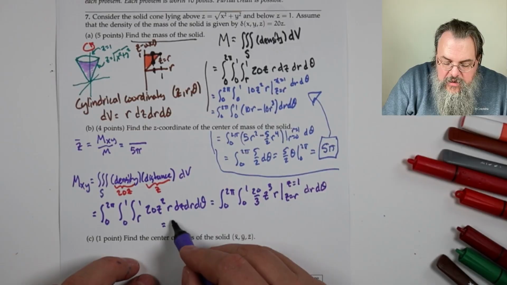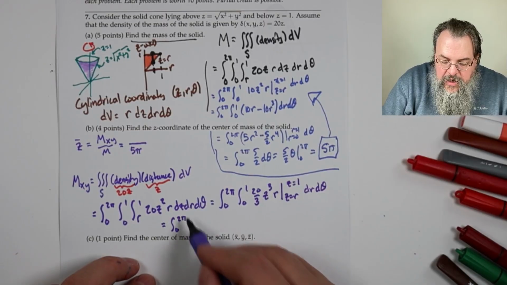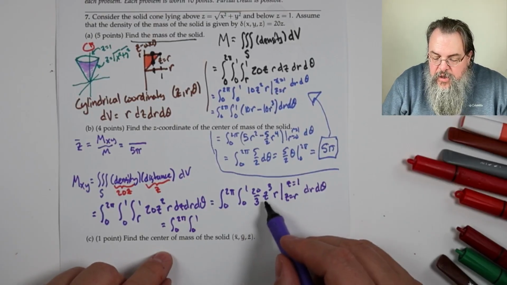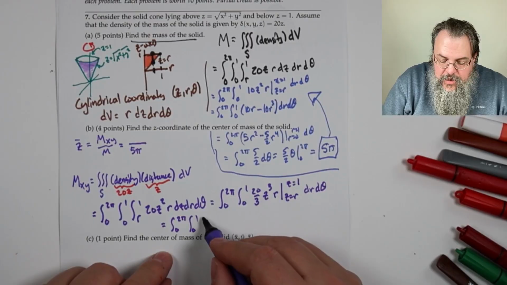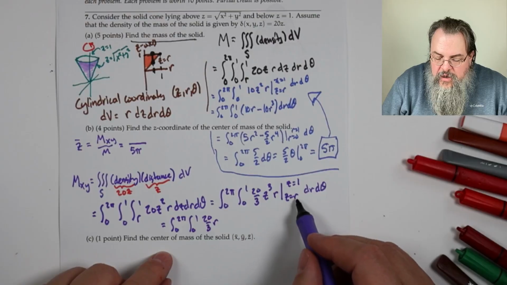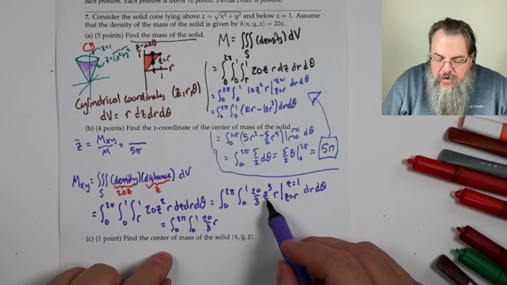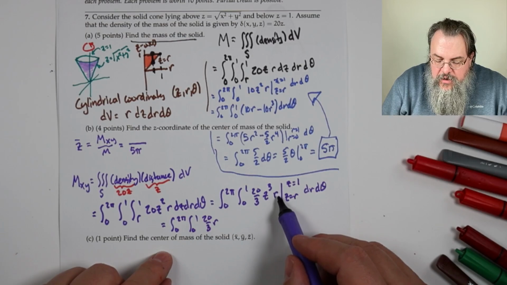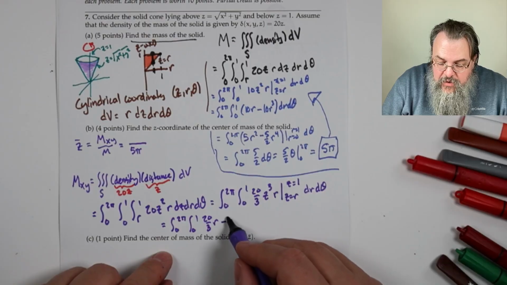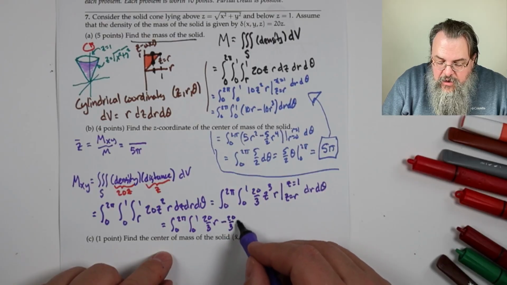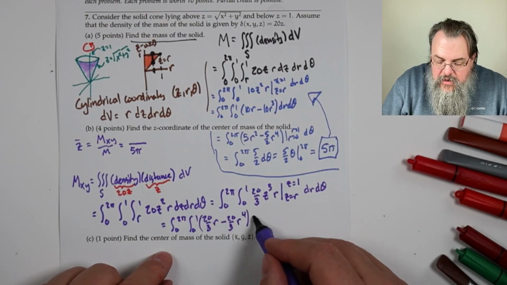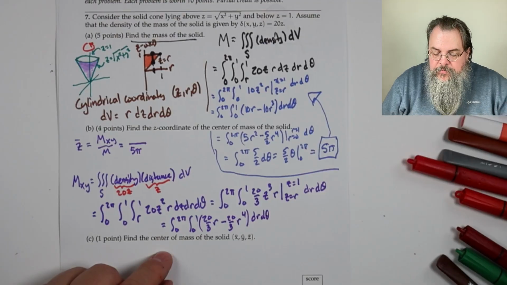Okay, so that is integral 0 to 2 pi, and integral 0 to 1, we're still evaluating. Plug in z equals 1. 20 over 3 times r. Plug in z equals r. Well, we have an r cubed and an r. And so that's r to the 4th. So minus 20 over 3 r to the 4th. Okay, and dr d theta.